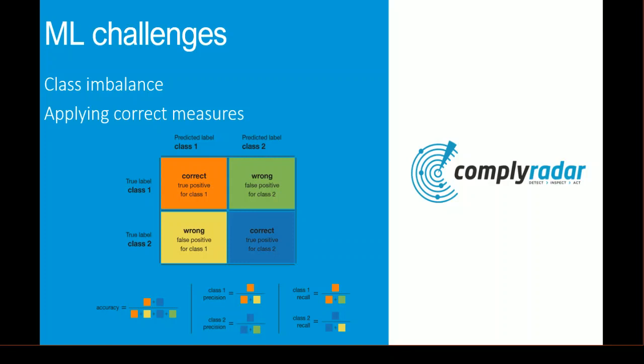Let's say I have 100 transactions, and as we know, linked with class imbalance, I have only 2 out of 100, for example, suspicious transactions. So if I get only those 2 wrong, I will still tell you that I have 98% accuracy. Yes. Right? So it's very important that when you're training the algorithm, you apply the correct measure.